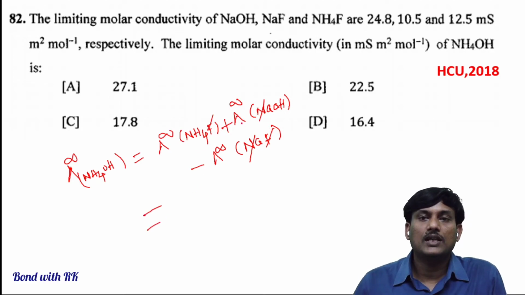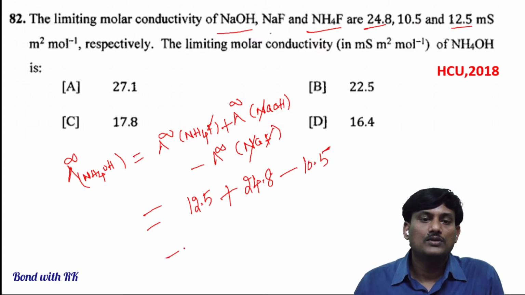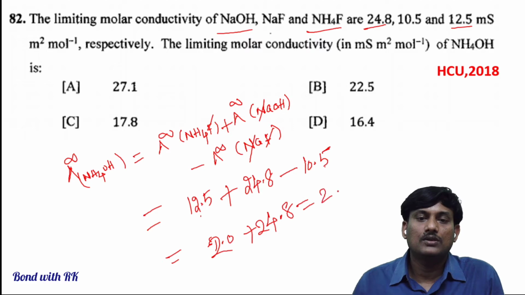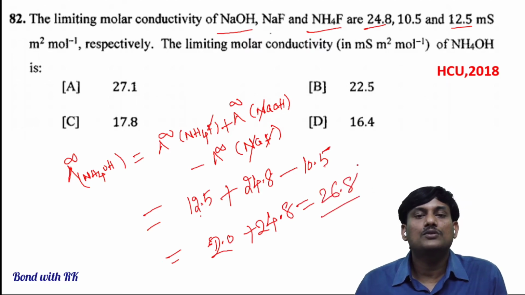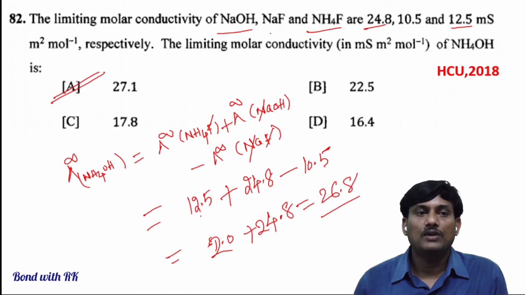For NH4F, this one 12.5 plus NaOH 24.8 minus this one 10.5. So 12.5 minus 10.5, it is 2.0, plus 24.8, it is 26.8. Here the 26.8 is not given, but this one is near to 26.8, so 27.1 is the correct option.